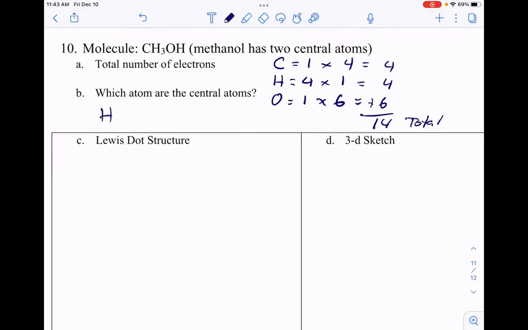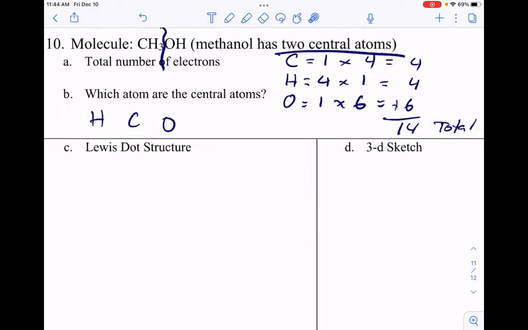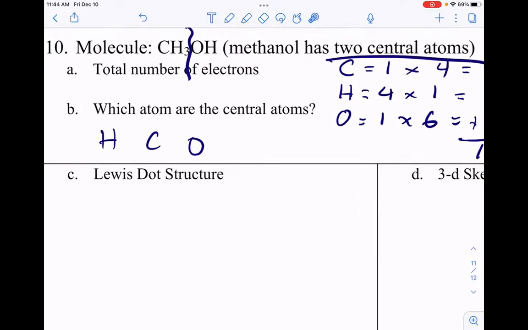Now between hydrogen, carbon, and oxygen, what's central? Both C and O. Correct. In this case, we have 2 central atoms. The way you're going to draw this Lewis structure is very similar to how it's written out from left to right.